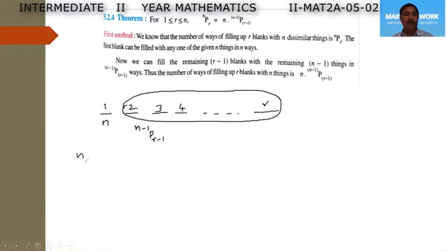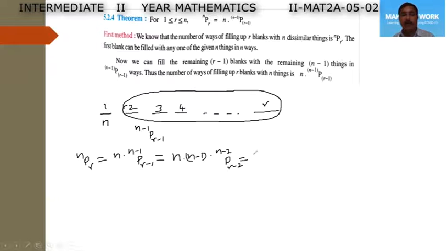Therefore, this nPr can be expressed as the product of n and (n−1)P(r−1). And further, n × (n−1)P(r−1) can be expressed as n × (n−1) × (n−2)P(r−2). That means after filling the second blank, the remaining r−2 blanks with the remaining n−2 elements can be filled in (n−2)P(r−2) ways.